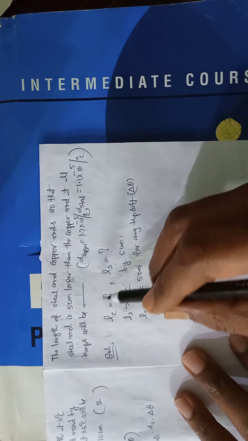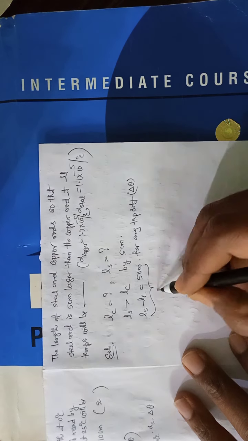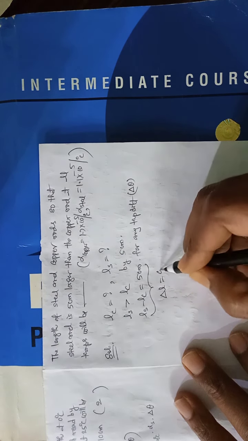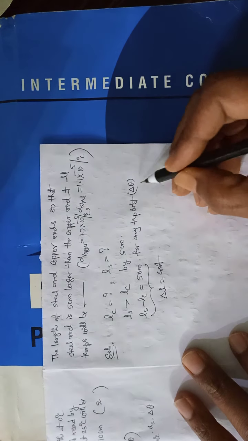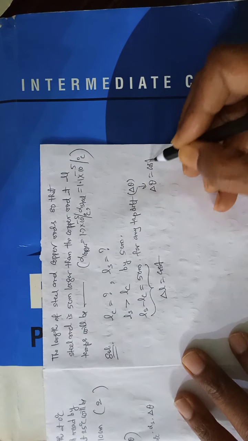And what is given here? The temperature difference is constant. So this tells you that delta L is constant. Here it tells that delta theta is constant.